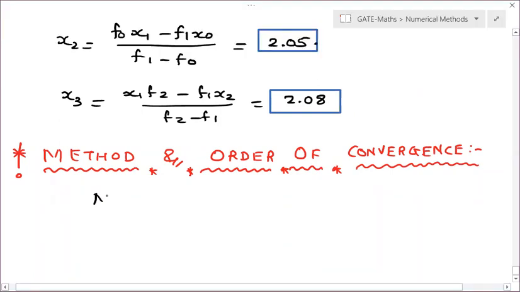I will write all the methods in the first column and their order of convergence in the second column.